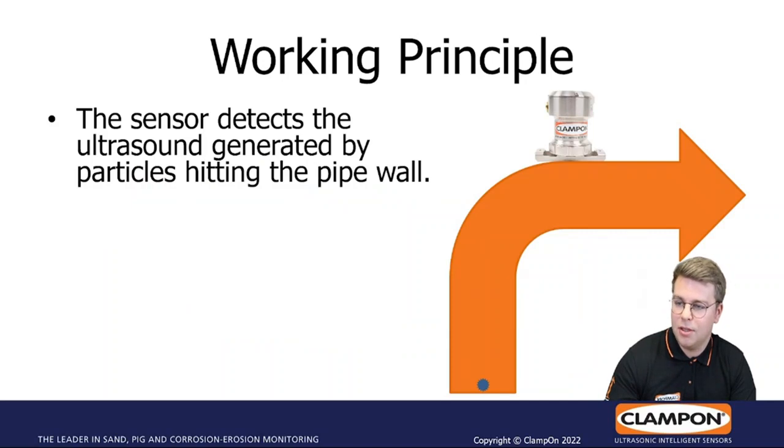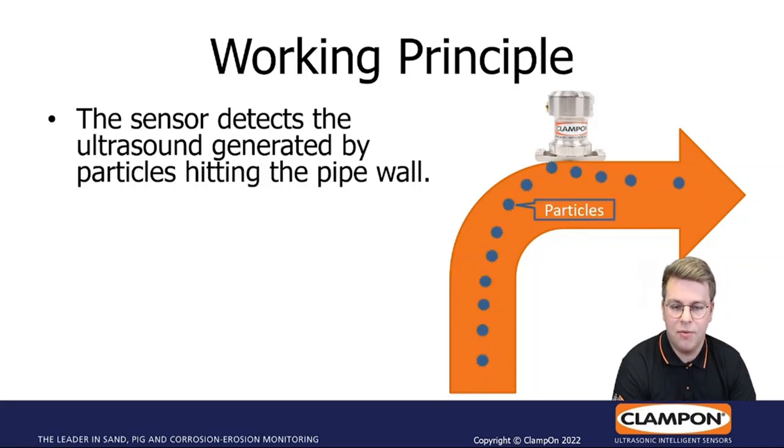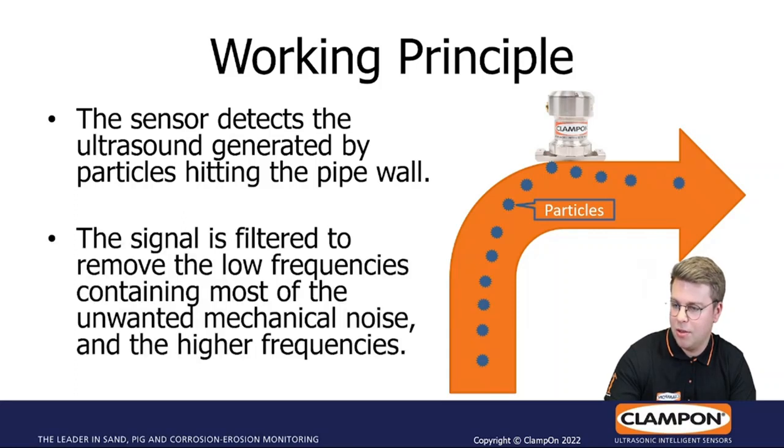So you have the sensor, which detects the ultrasound generated by the particles hitting the pipe wall, like this. It is mixed in with the multi-phase flow, commonly, and then hitting the side of the pipe wall in a bend. This will generate an ultrasonic frequency, which our detectors pick up.